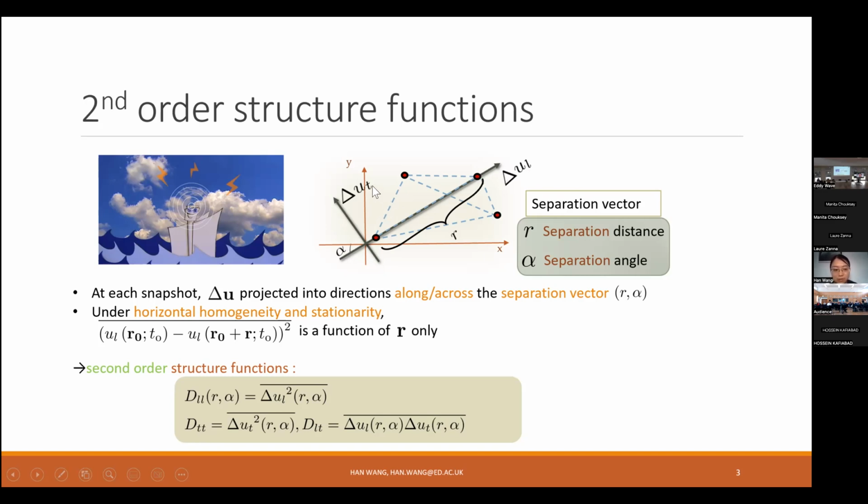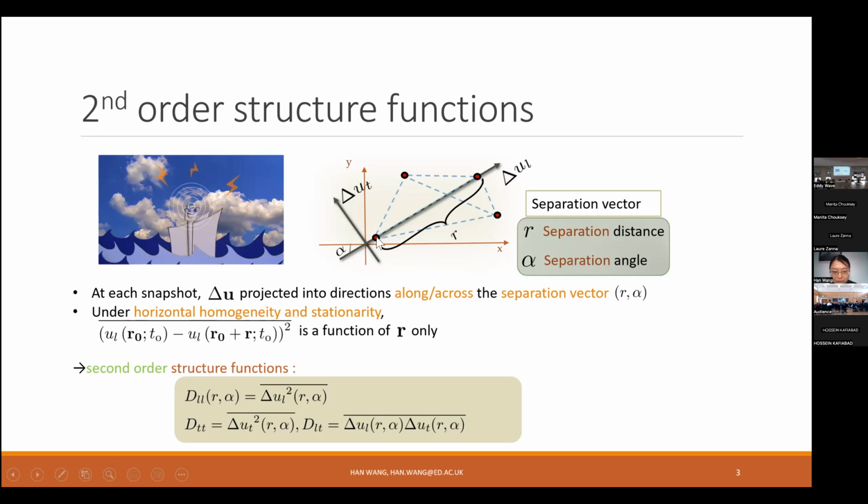And structure functions are defined based on the assumptions of horizontal homogeneity and stationarity. By that, we mean that if we do a statistical average over all the available snapshots and all the available drifter pairs, then the average quantity is assumed to be a function of the separation vector only.